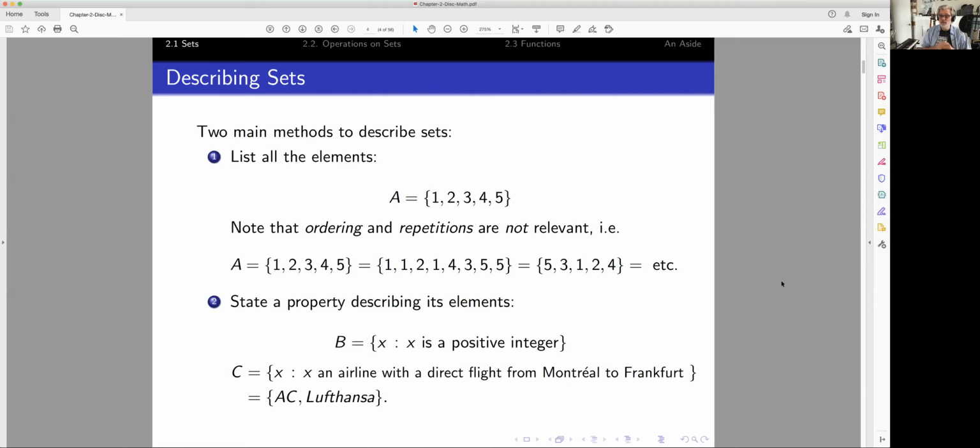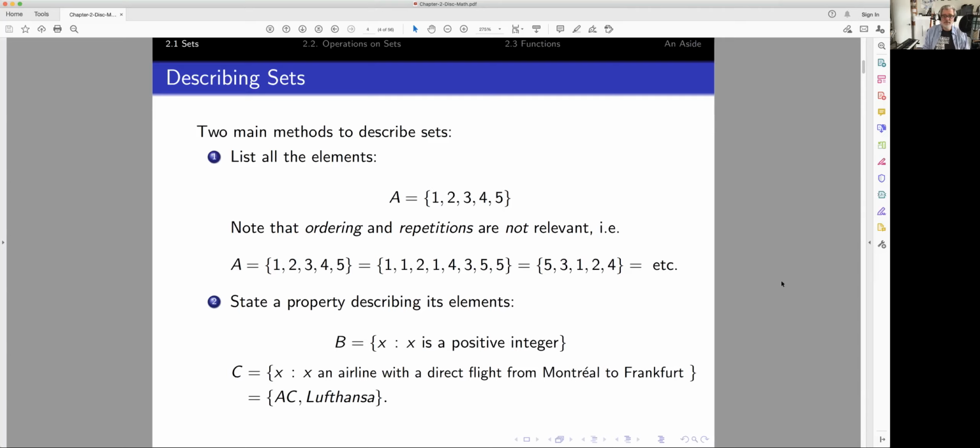If I write these curly brackets, what's inside the curly brackets is the list of the elements of the set. So big A here is the set that consists of elements 1, 2, 3, 4, 5. When we're writing this down, the ordering and the repetitions are not relevant.